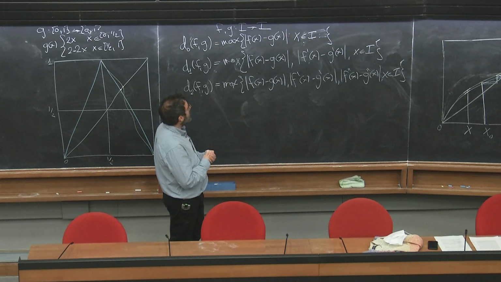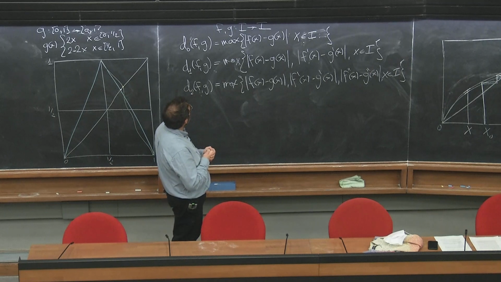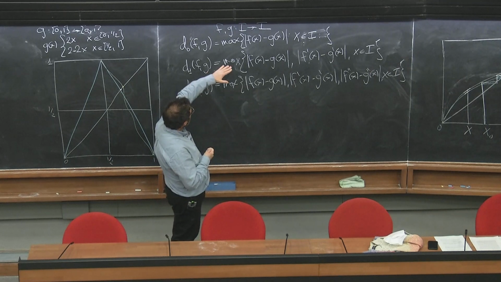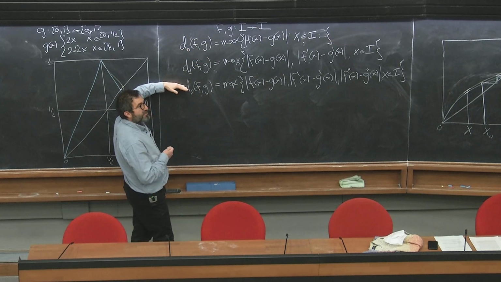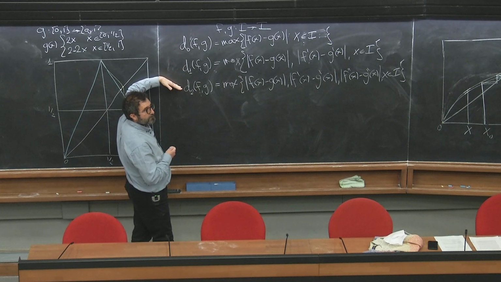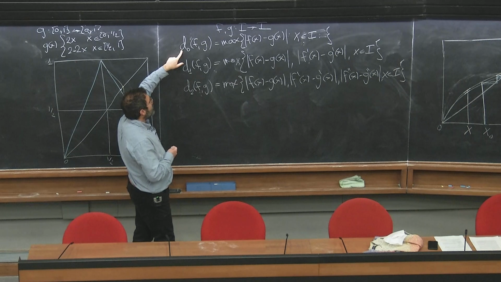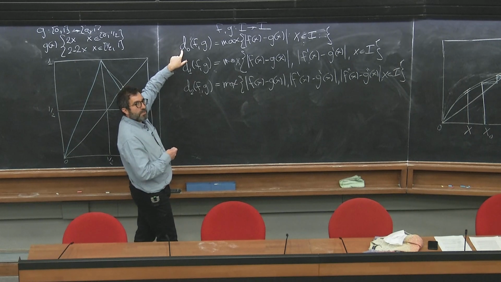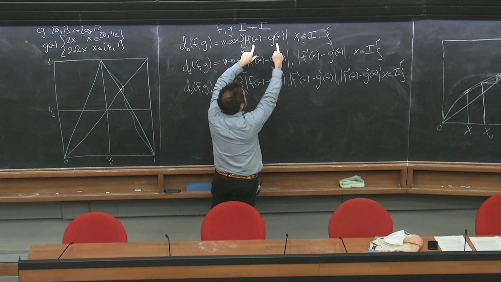But I think it's important to understand the difference between these. As you can see, these are metrics that are not equivalent. So you may have two maps which are very close in the C0 metric because this is small, right?